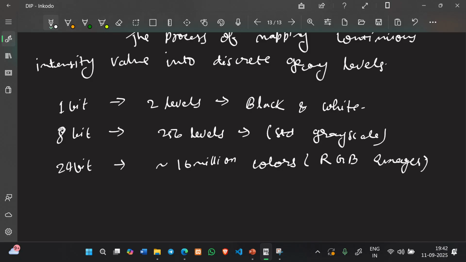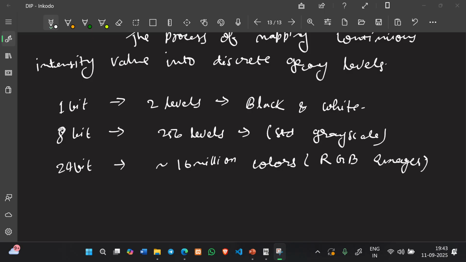Now we'll talk about sampling versus quantization. In sampling, we control the spatial details, and in quantization, we control the gray level details. The next important concept is aliasing. If the sampling rate is too low, false patterns appear in the image.